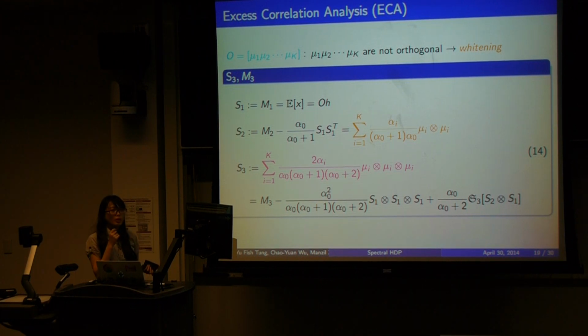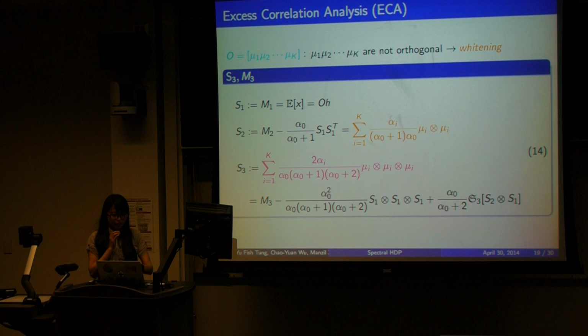And another thing to mention is we need to do canonical correlation analysis, because the latent features might not be orthogonal. Because when we are deriving those eigenvectors, we are assuming they are orthogonal.